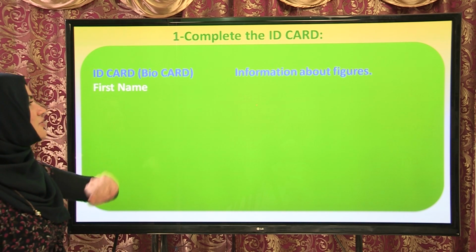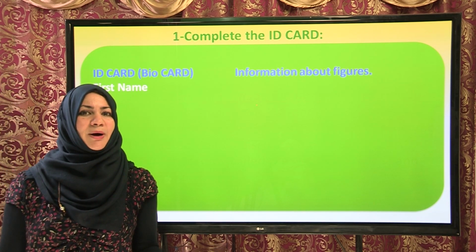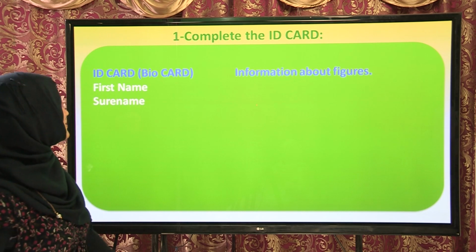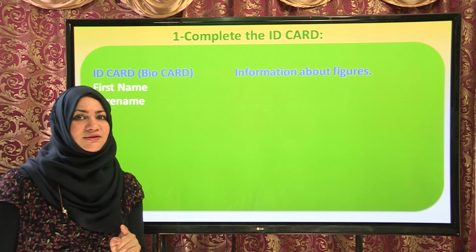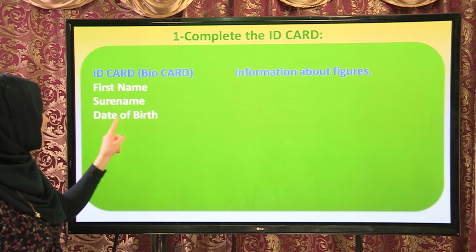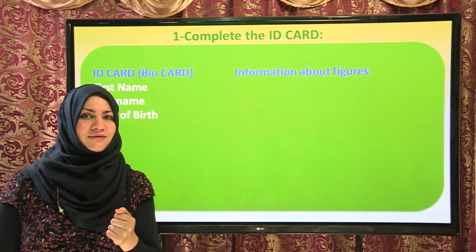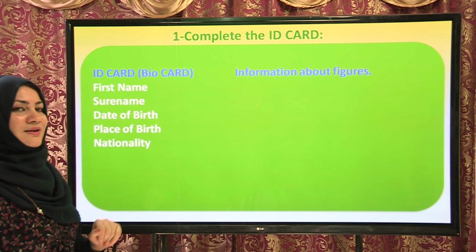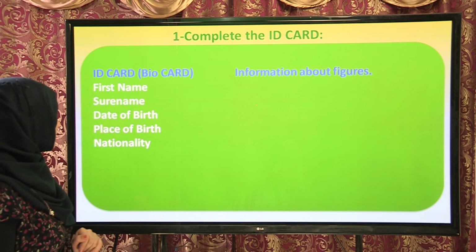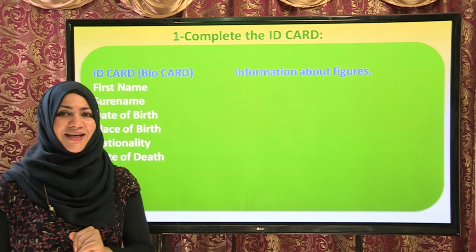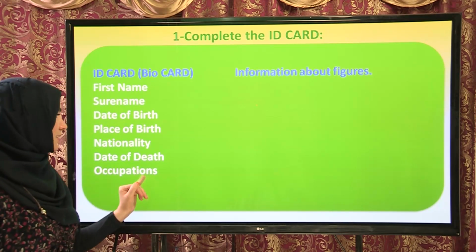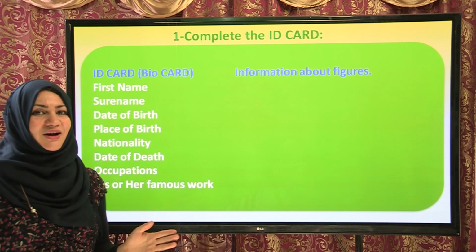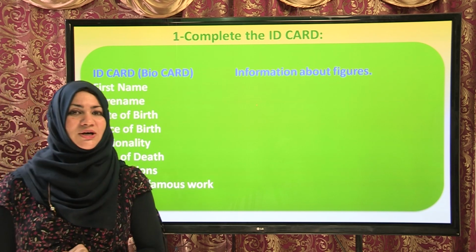We have the first name, surname, date of birth, place of birth, nationality, date of death, occupations, job or profession, and his or her famous work.